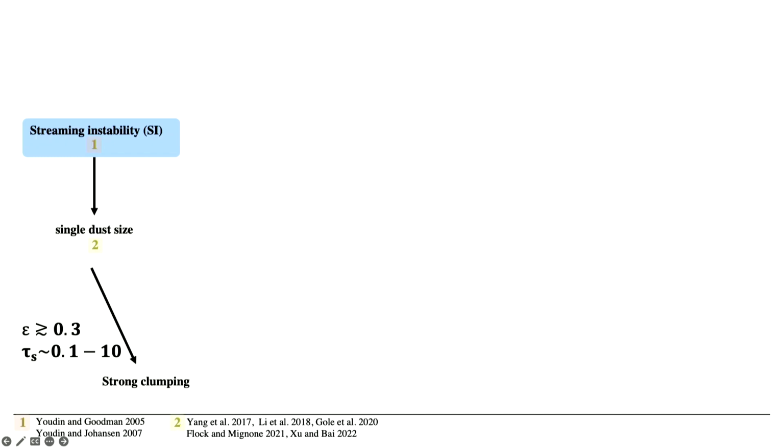These models were mainly done with a single dust size. You put all of your mass in a single dust size, and this allows you to study the linear regime and the nonlinear regime. In the nonlinear regime, what we sometimes saw are these strong clumping events, and these strong clumping events can then produce planetesimals. You can imagine it's a bit like a pebble cloud, which then collapses into a planetesimal.